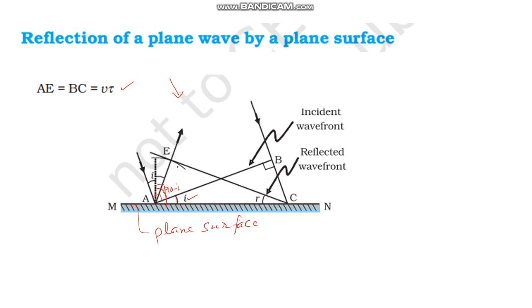Here we will call this point P. If you consider triangle PAE and triangle PCB, this angle is 90 and this angle is also 90. These two angles are equal. Obviously the third angle will be equal too, so this angle is equal to this angle now.